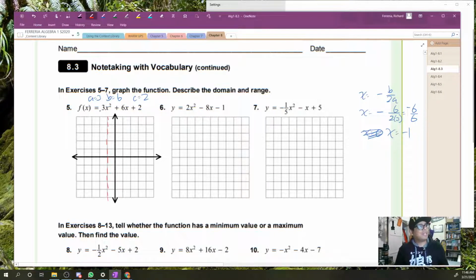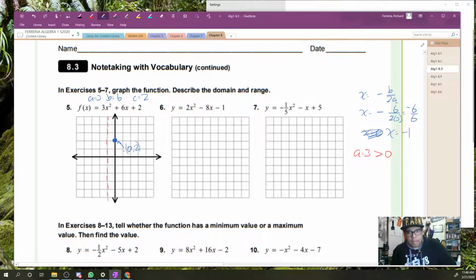Second thing we know is that since a is 3 and it's positive, that means our parabola is going to open upwards. Okay, that's going to help. Next thing we know that because c equals 2, the y-intercept is going to be 2. So we got that point right there at 0, 2.